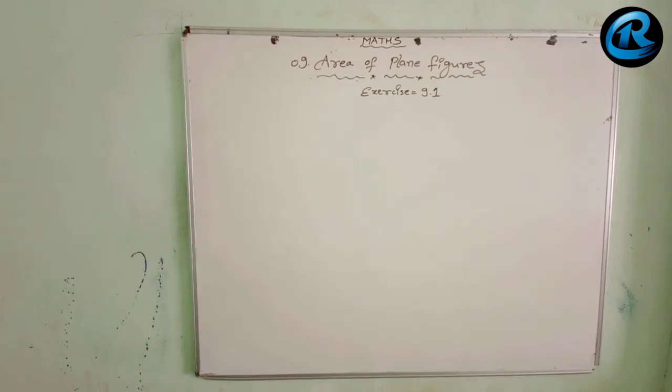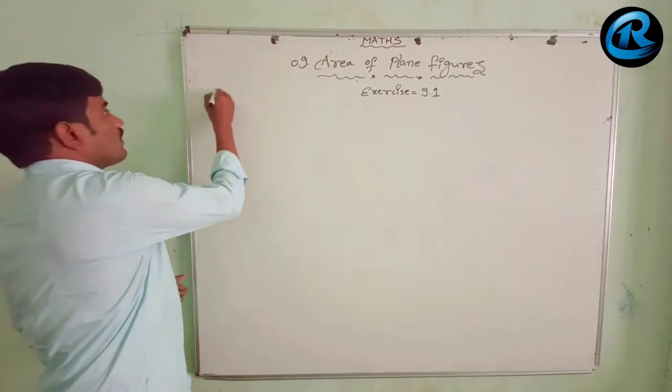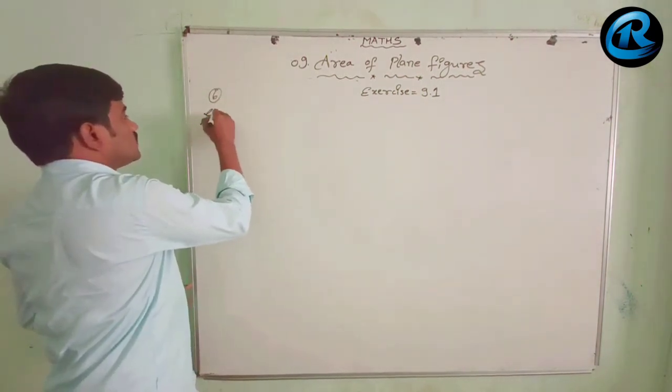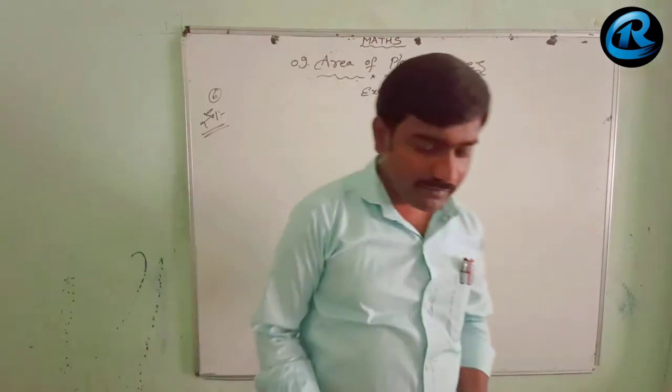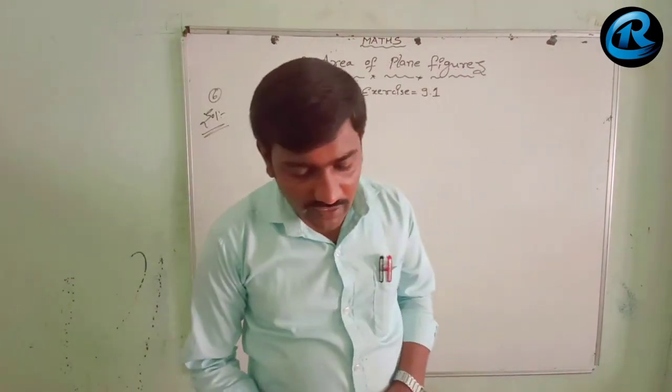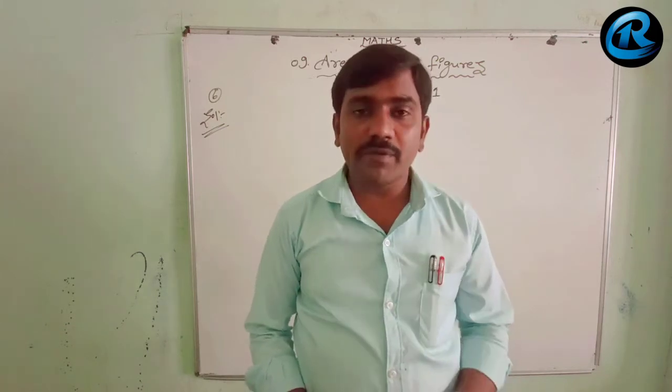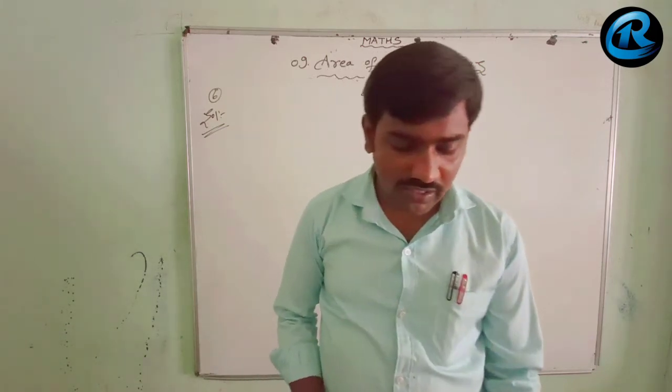Now we go for the question number 6 solution. See that the question number 6 is also based on the trapezium. The ratio of lengths of parallel sides of a trapezium is in the ratio of 5:3.